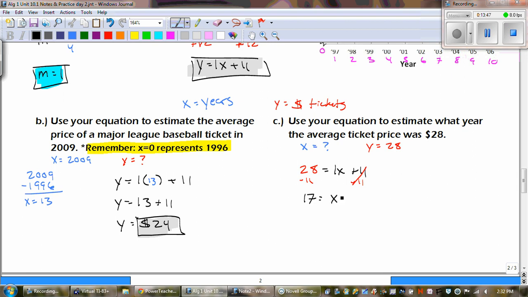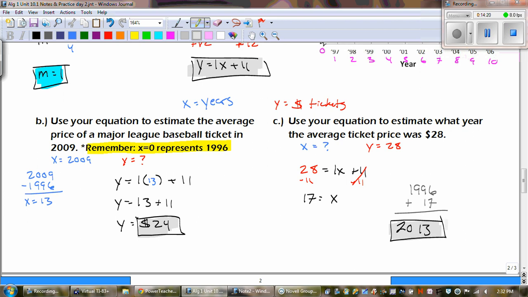We really don't have to divide by 1. But remember, that's the year 17. In 17, they didn't play baseball back then. It wasn't invented. But remember, that's the year since 1996. So off to the side, you should be doing 1996 plus 17. And then we're going to find out that our year was 2013. And that's our final answer.